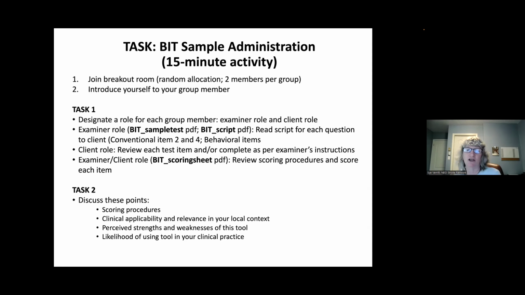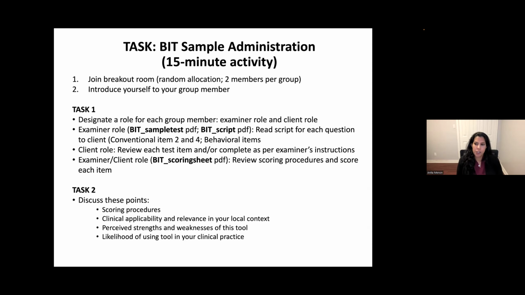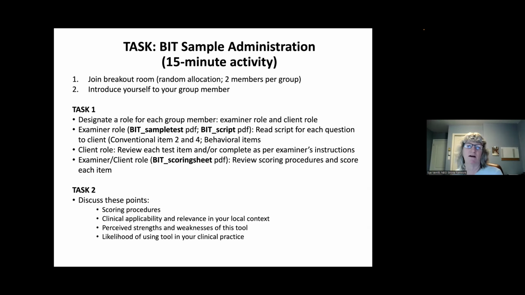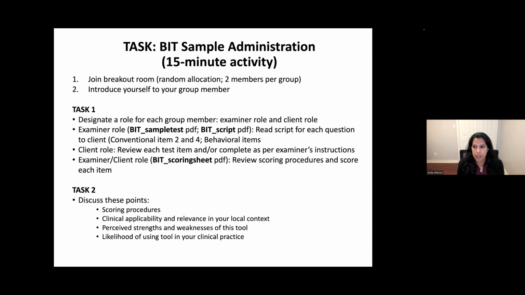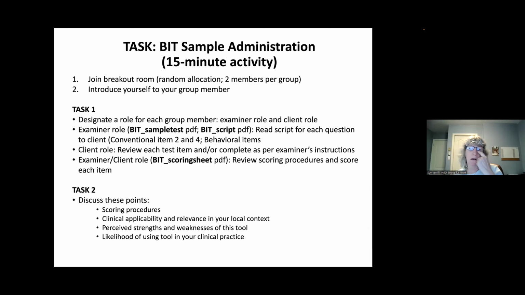So I'm just putting it in the chat. Katie, if you can open it from the chat. Yeah. So Sue, if you don't mind putting those documents in the chat before we break out, so at least they can access them. I think I've put all three there. Okay, perfect. Sample test, script, and scoring sheet. That's right.